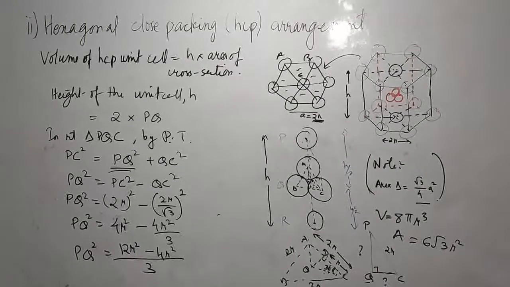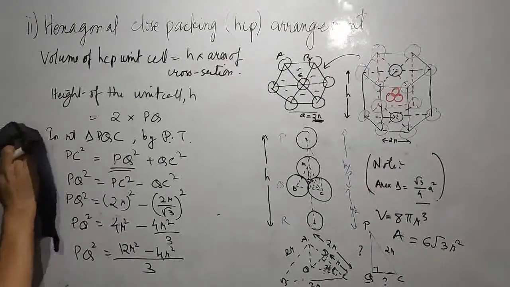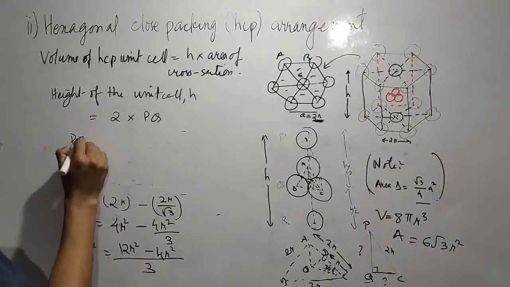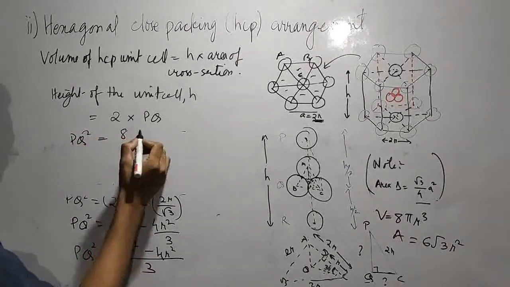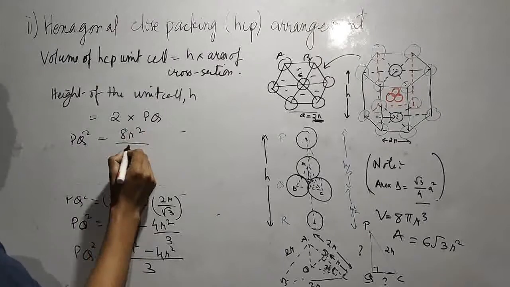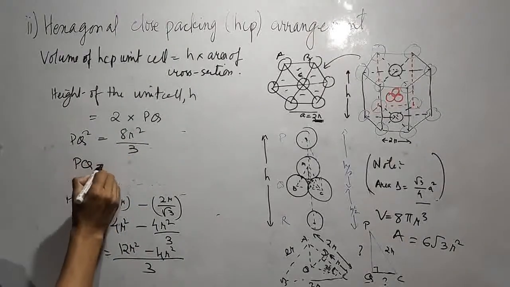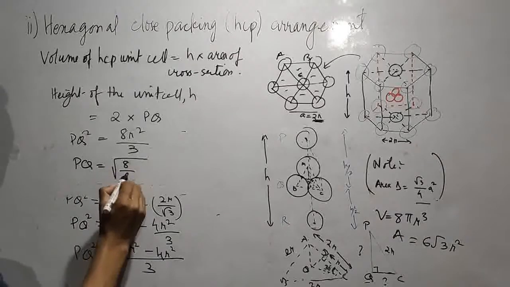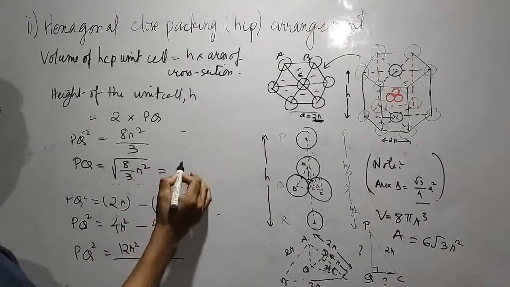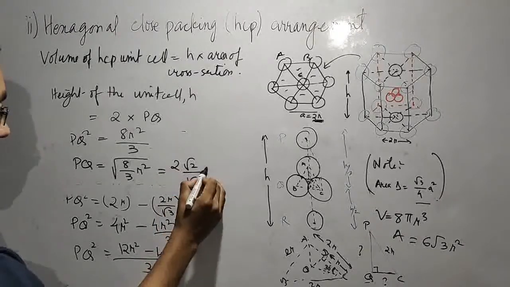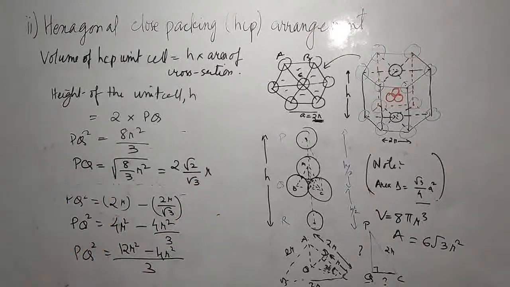Then the next step, it will come to 8r square by 3. Then we transfer the square to the other side, it will be the square root of 8 by 3 times r, which will be 2√2 by √3 r. So this is the value of PQ.